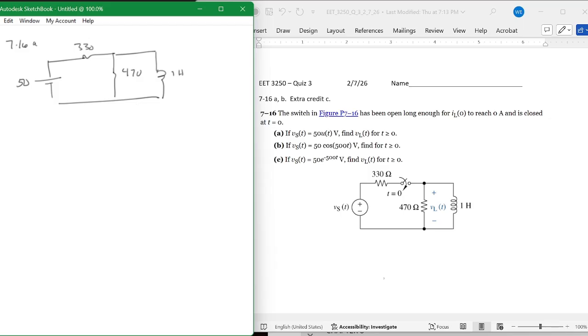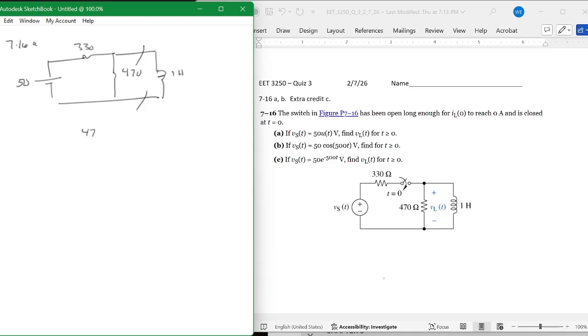Now, how do you figure this out? You've got to Thevenize it, because the only way you can do the 1 minus e to the minus t over tau is with a Thevenized circuit. That's the only way you know how to do it, because it's been given to you. So basically you have to Thevenize it.